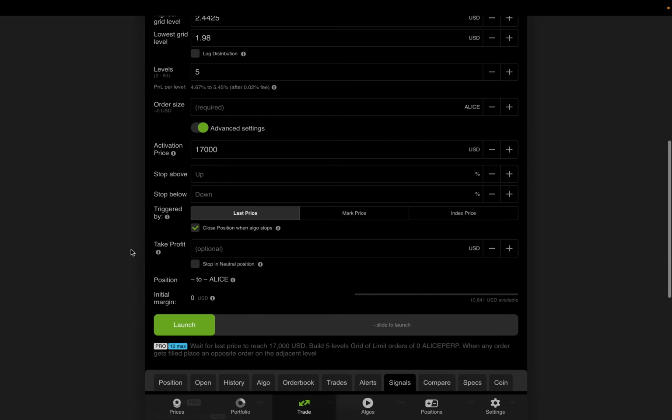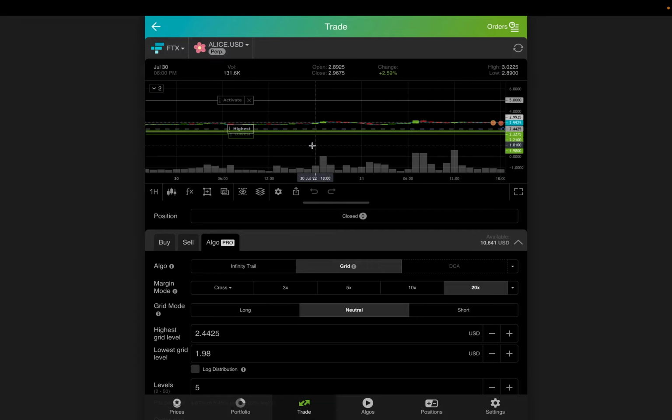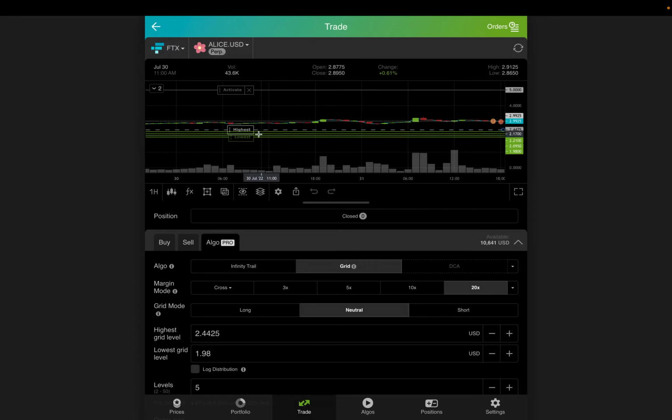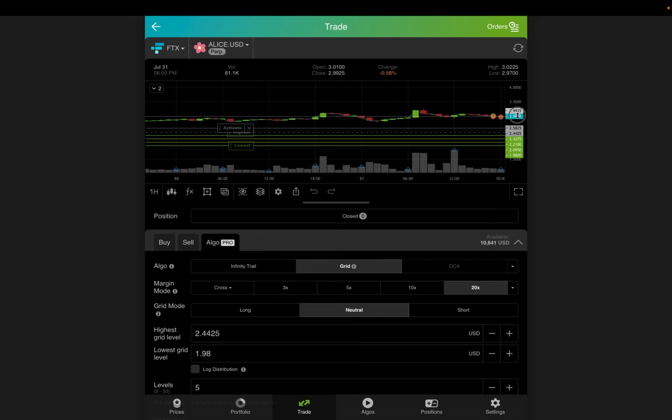Oh no, sorry, it's the wrong instrument. Five is the activation price. Okay, now I can see the activation price. So now the grid will only activate if the activation price is reached. The logic for that may be numerous.